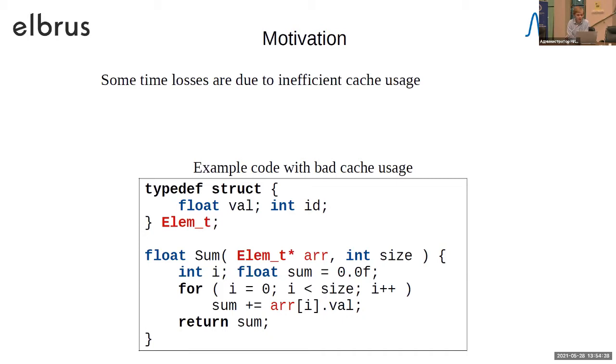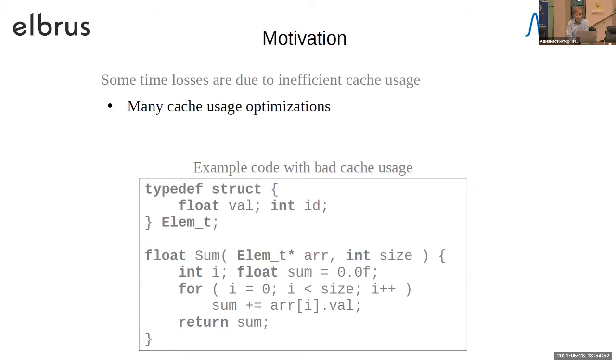So we load into the cache both fields, though we have access to only one of them. So half of cache memory isn't used in such case, and we have too many cache misses.